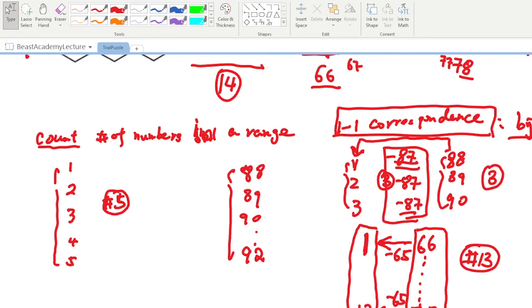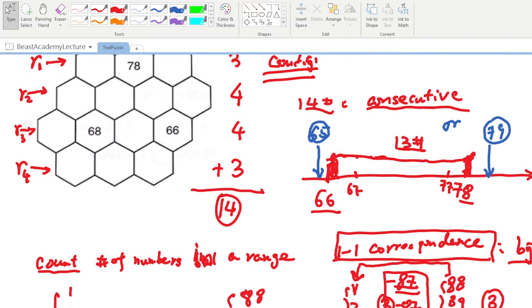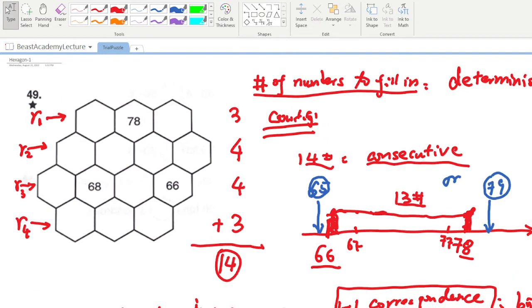They have the same number of numbers, right? If something is hard to count in one domain, convert it to a domain where it's easy to count. So now we already know we either have a 65 or 79, right?